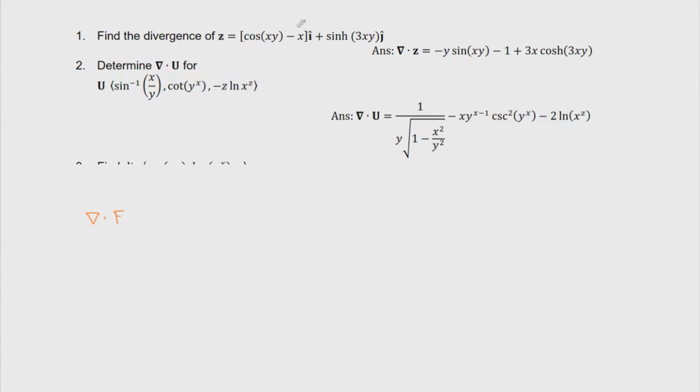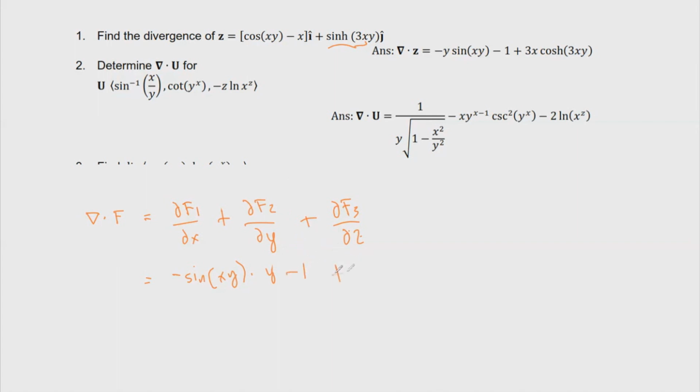So by taking the partial derivative of this expression with respect to x, and then this one with respect to y, we take the partial derivative of f1 with respect to x, and we add the partial derivative of f2 with respect to y, and of course the partial derivative of f3 with respect to z. In this case, we have cosine of xy, so that's negative sine of xy, and then the derivative of xy with respect to y is times y, and then of course minus 1.